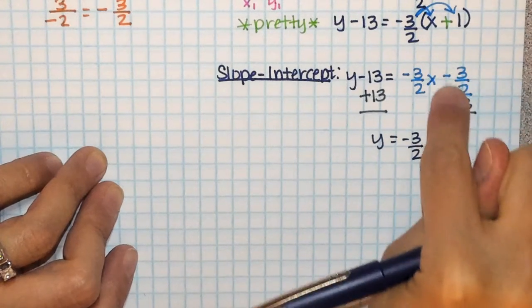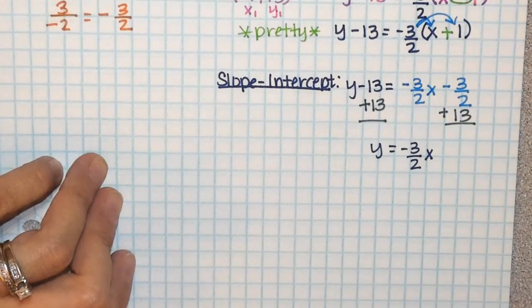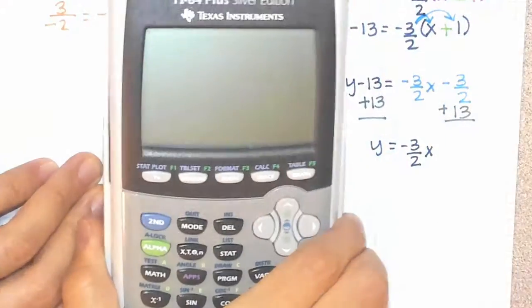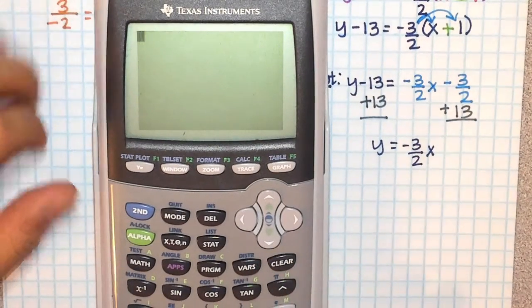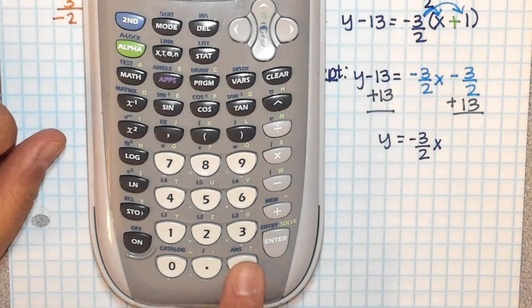And this is the part y'all are struggling with. Use your calculator. Stop struggling and looking at me like a lost puppy. Use your tools. -3/2. I push the negative button.